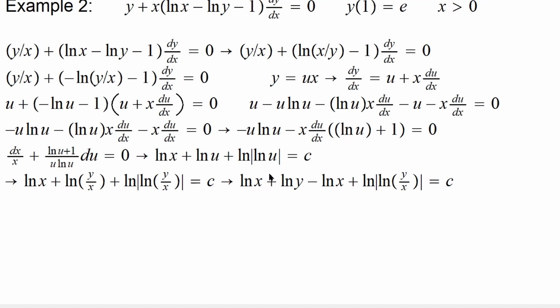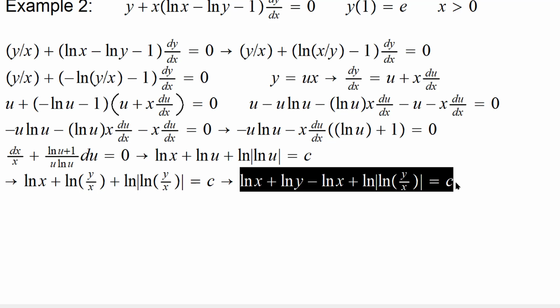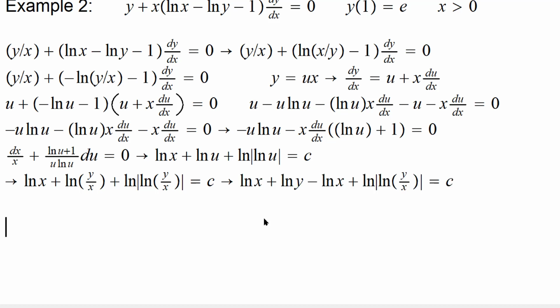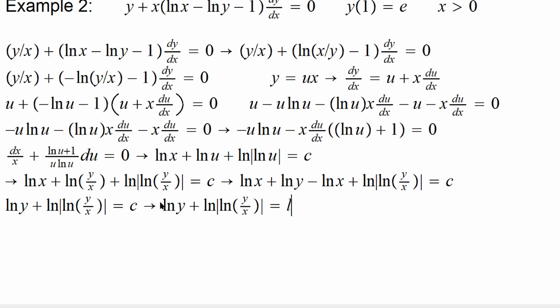Okay, so now let's cancel ln of x with ln of x and obtain, we are simply doing algebra now, but that's okay. We are doing math, and algebra is nice, I like it. So anyway, we got this whole thing is this, and notice this, we can write this little c as ln of, say, another quantity, say big C, all right?